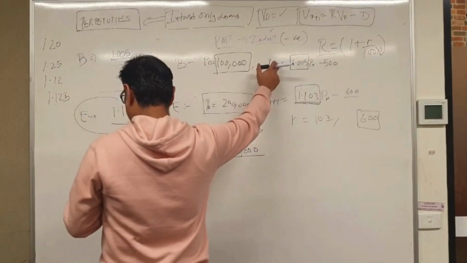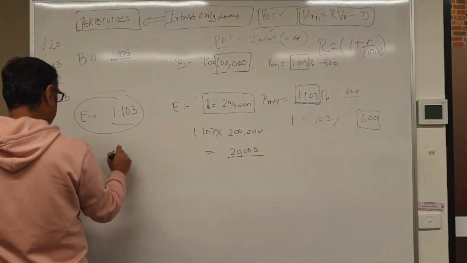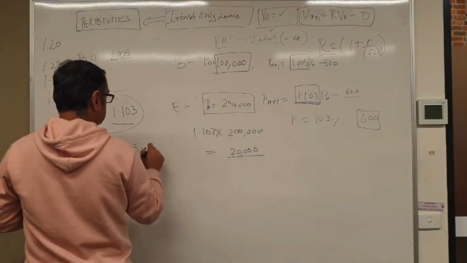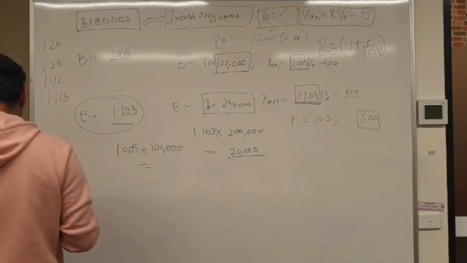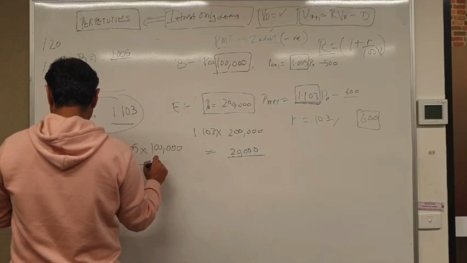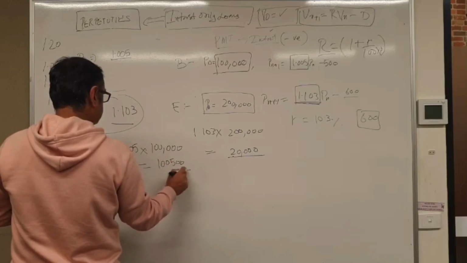Whereas if you do 1.005 times 100,000, what do you get? You get 100,500.